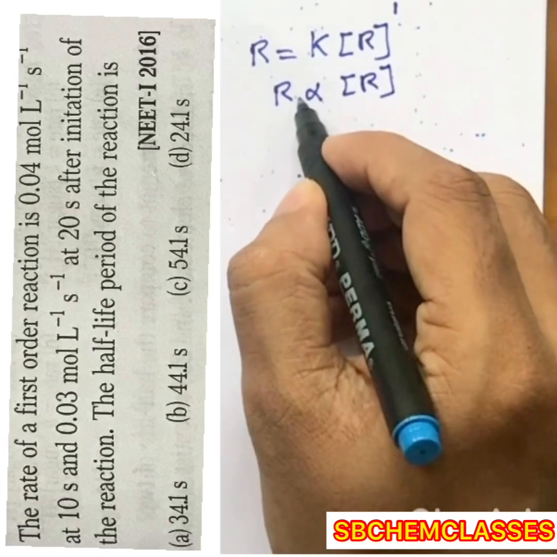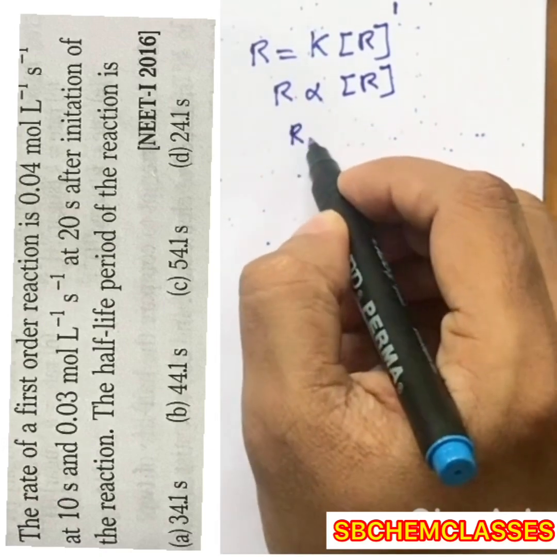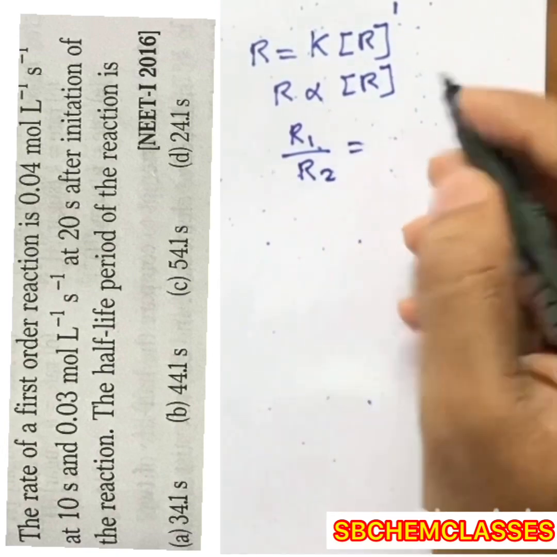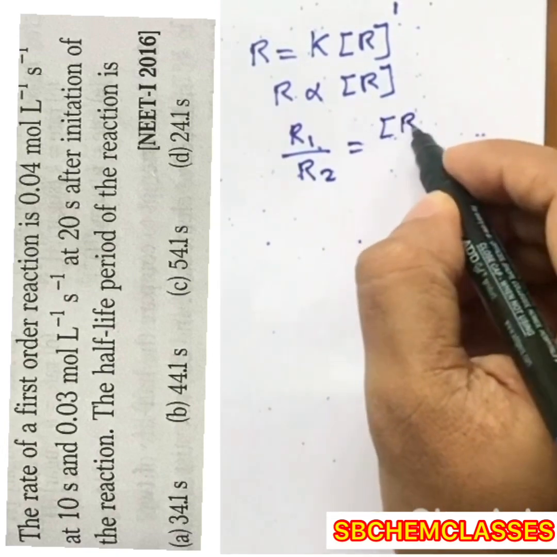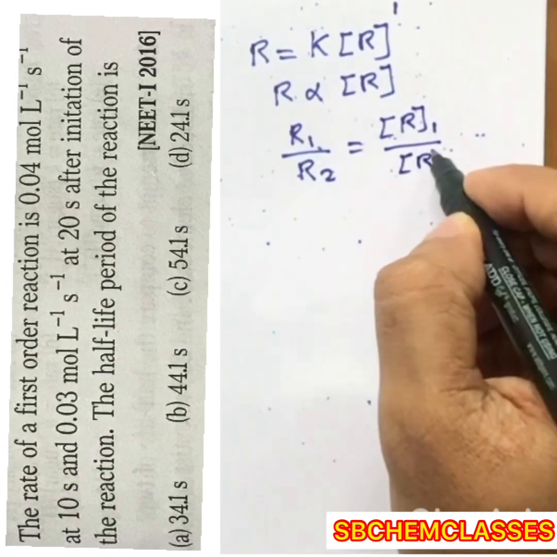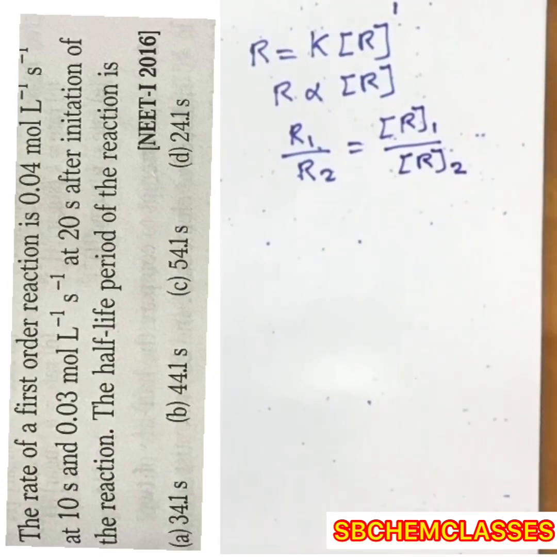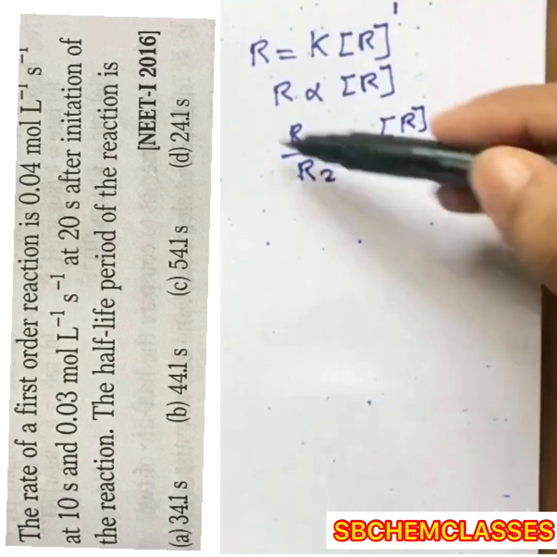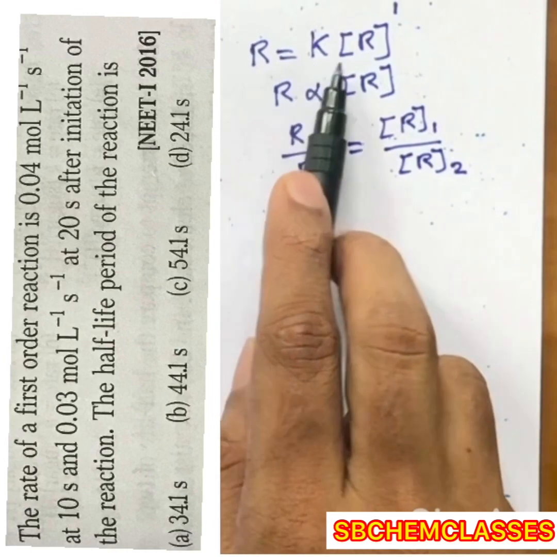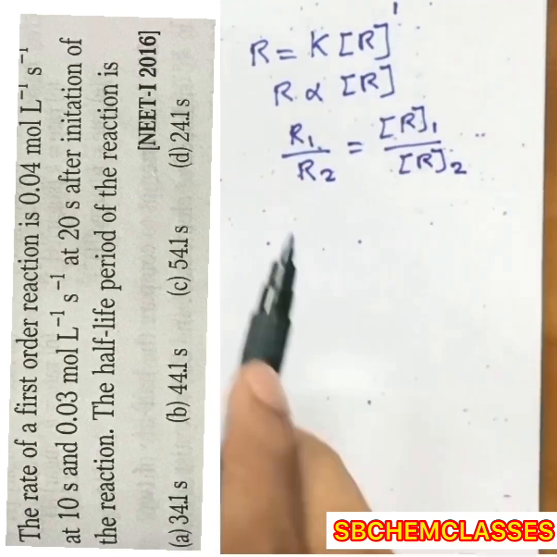So rate at one time by rate at another time can be written as concentration of reactant at one time by concentration of reactant at the second time. This equation is applicable only for first order reaction since R equal to K into concentration of R raised to 1.